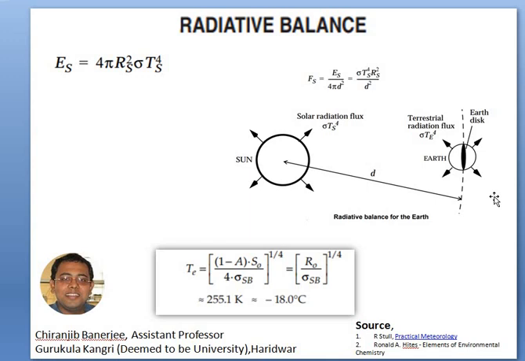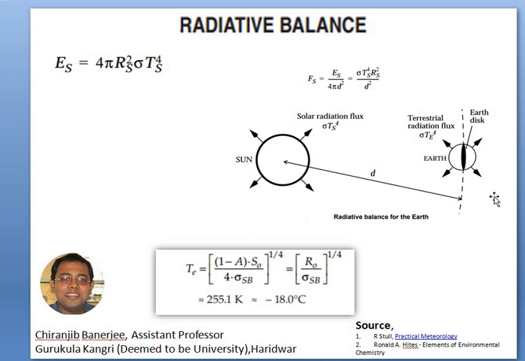It is reflected back to space by the ice, which is defined as albedo. The value of albedo differs from planet to planet and is not constant, though the other values are constant. So depending upon this albedo, your T will change.